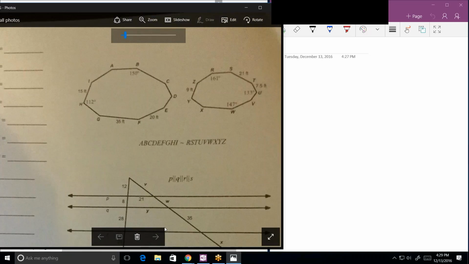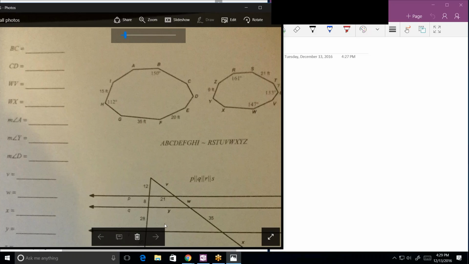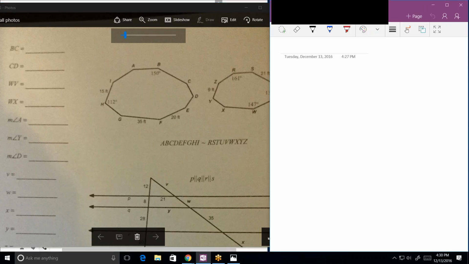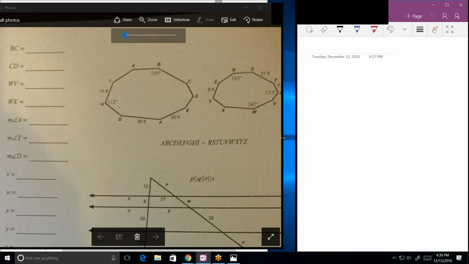All right. These 2 figures are similar. Got a feeling this is not going to cause you any problem at all. So what's the similarity ratio?